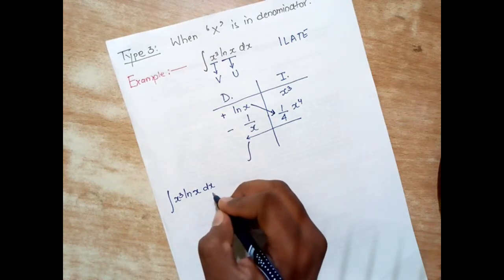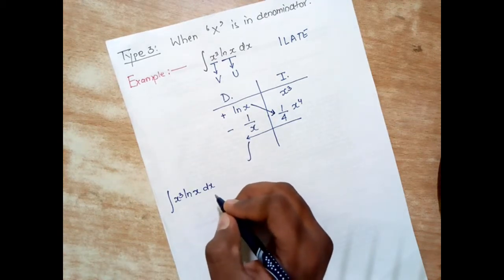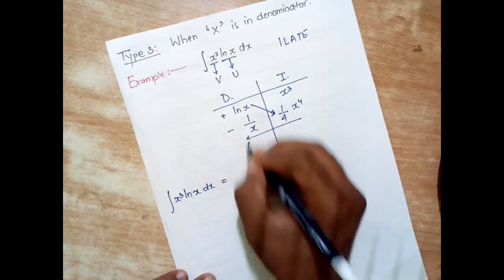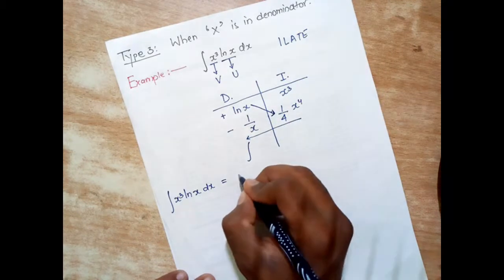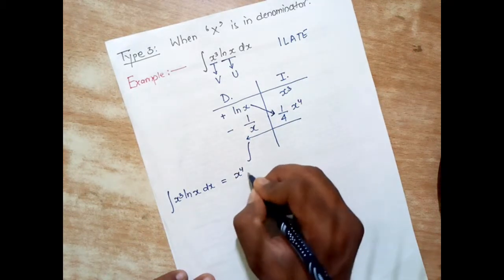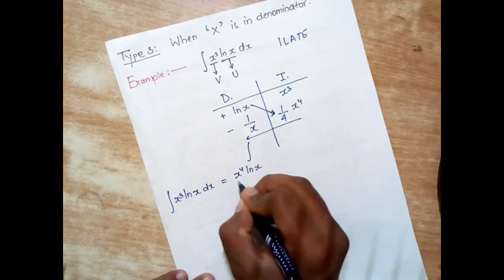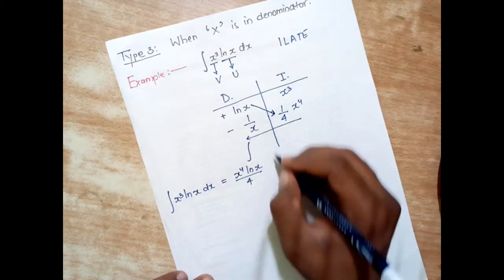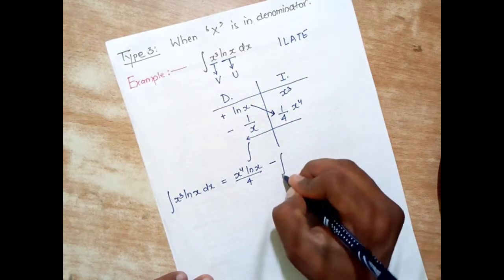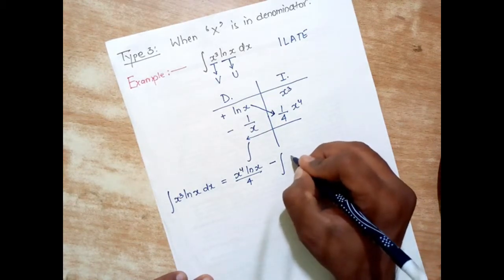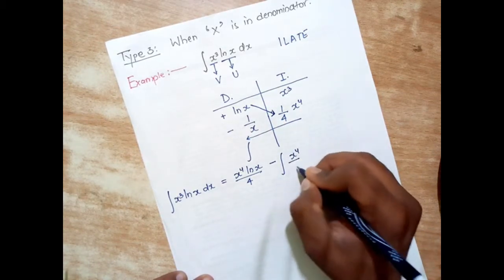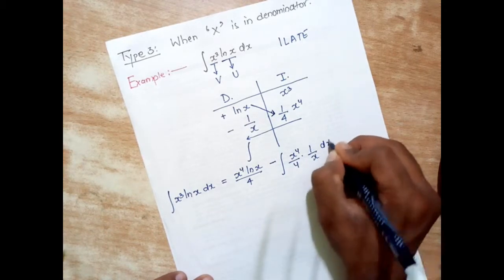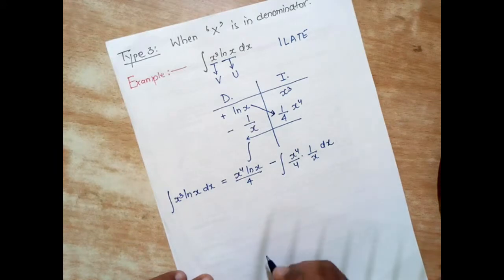As we know, guys, this is our question. So let's move further. We get x raised to 4 natural log of x by 4. Now this is going to be in subtraction, integration of x raised to 4 by 4 into 1 by x dx. This is what we are getting.